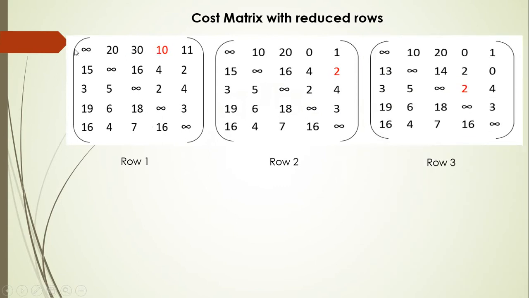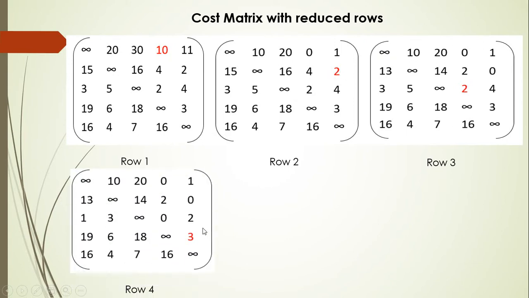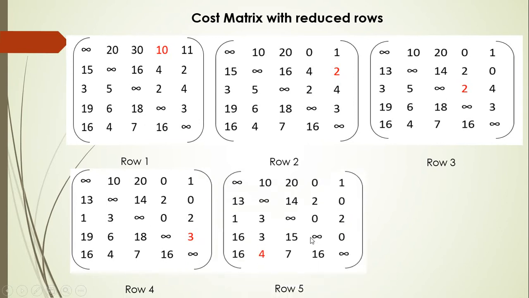So here what we got: in the first row, this is the minimum cost. In the second row, this is the minimum cost. In the third row, this is the minimum cost. Fourth row, this is the minimum cost. Fifth row, this is the minimum cost. So the least cost for this matrix is just the addition of all those costs.